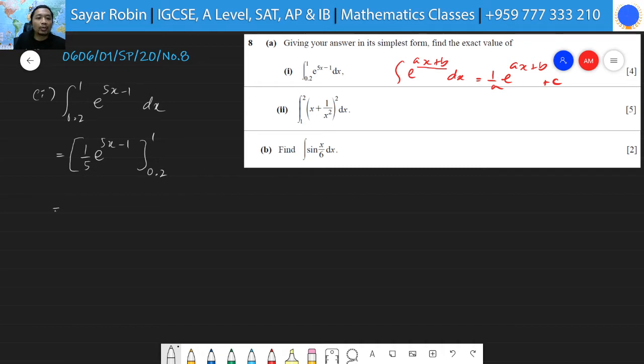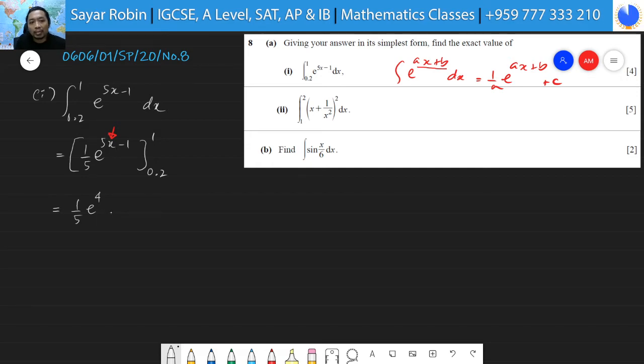Then what we have to do right now is substitute the upper limit first. So 5 times 1 is 5, minus 1 is 4. That's why it's going to be 1 over 5 times e to the power 4. And then how about 0.2? If you substitute 0.2 into x, 5 times 0.2 is 1, 1 minus 1 is 0, and e to the power 0 is 1.